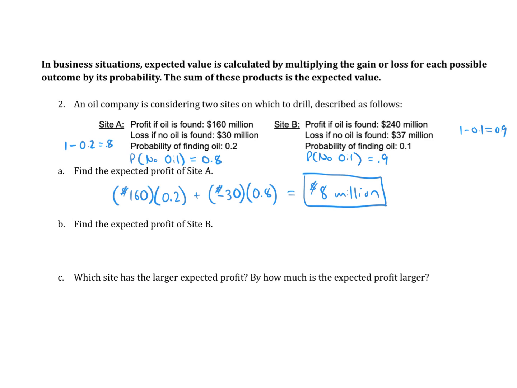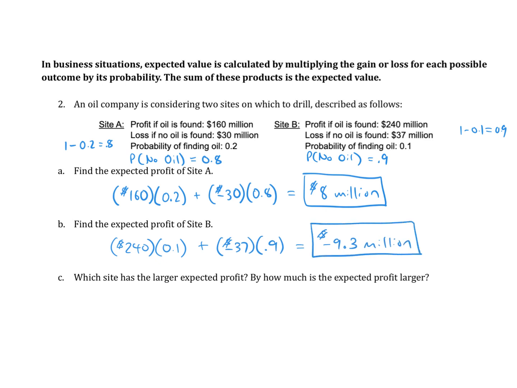So using those same calculations, if I do 240 million times the probability of finding oil, 0.1, plus they could lose 37, so negative 37 million, and the probability of that happening is 0.9. Plugging this in, I get negative 9.3 million. So the expected value of site B is a loss of 9.3 million.